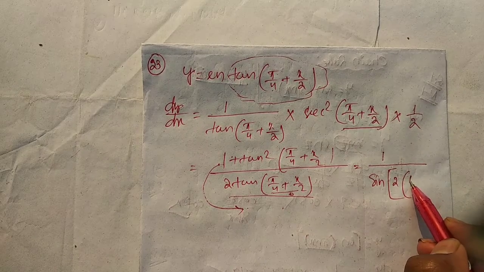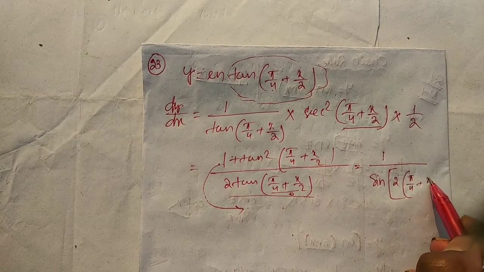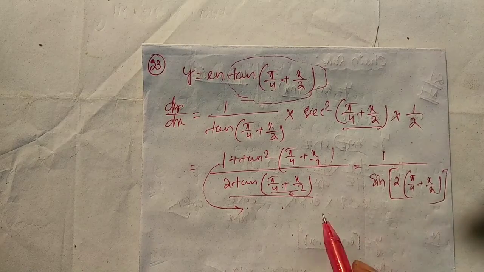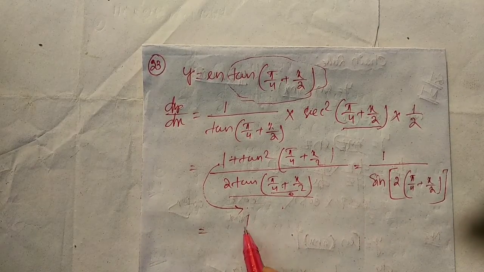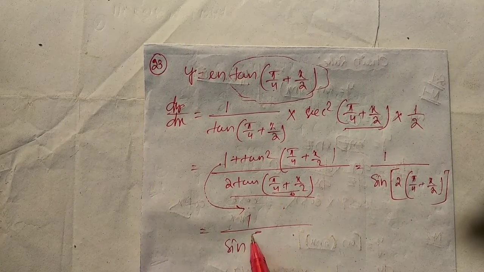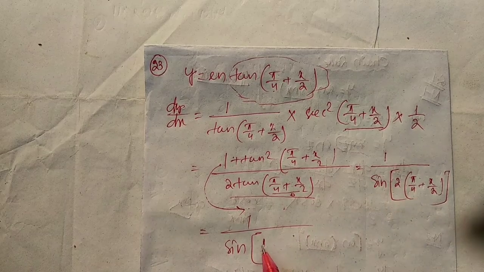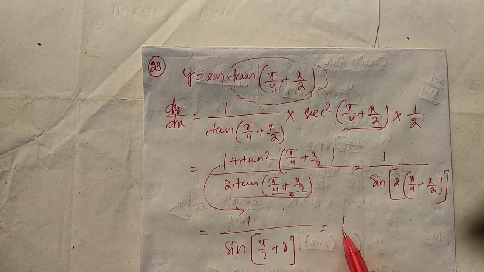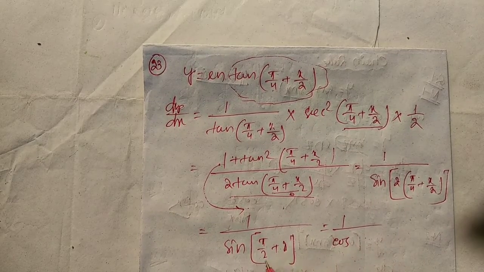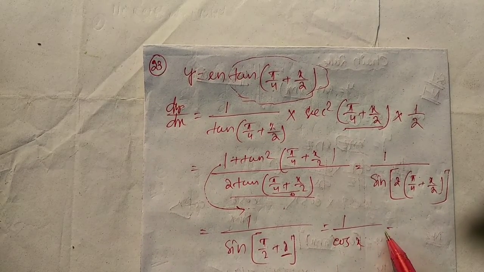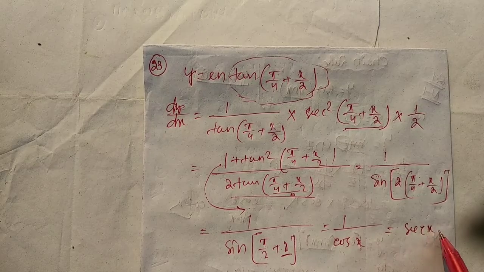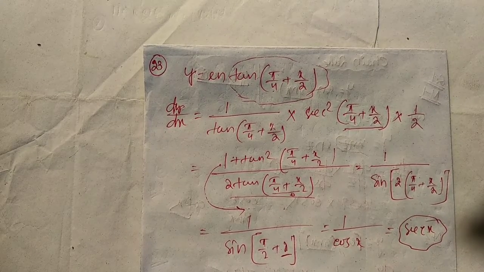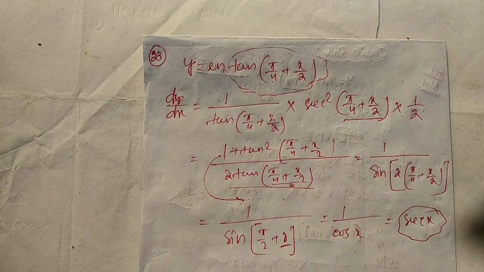Theta is 5 pi by 4 plus x by 2. Okay, so just simplify this one. 1 by sin of 2 into 5 pi by 4, that is 5 pi by 2, plus 2 into x by 2, that is x. So this is equal to 1 upon sin of 5 pi by 2 plus x, which is cos x. So 1 upon cos x is equal to sec x. This is the final, simplified answer.